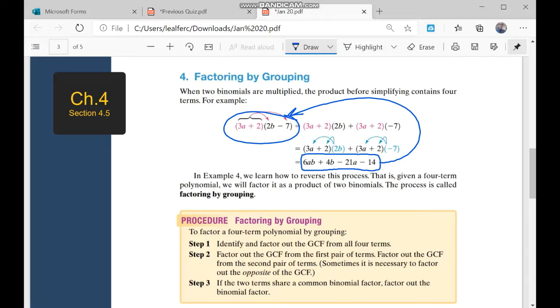Sometimes it is possible, and sometimes it's not. On the quiz, we're going to have several examples where we will be able to do this. We will have polynomials with four terms that we can factor by grouping and find at the end the result as a multiplication of two binomials. This is the objective.